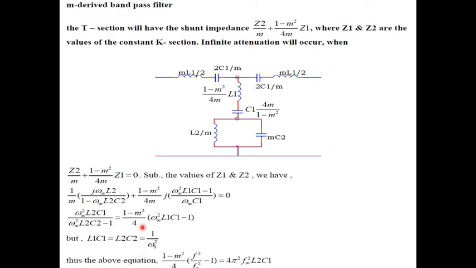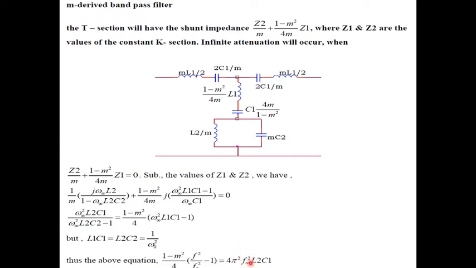So from the above equations we can obtain (1 minus m square) by 4 into (f square by f naught square minus 1) should be equal to 4 pi square f infinite square L2 C1. This is also what we obtained in the constant K filter.